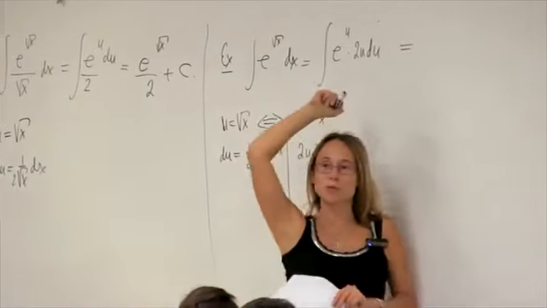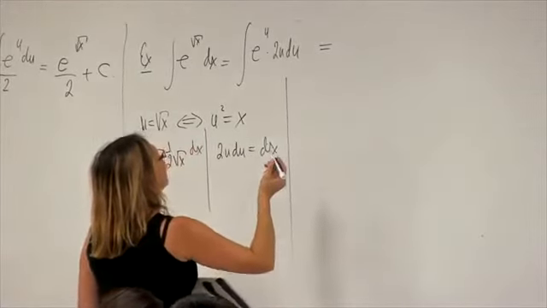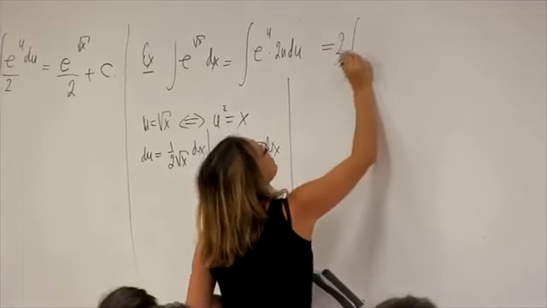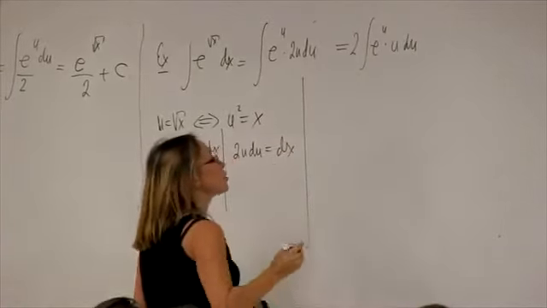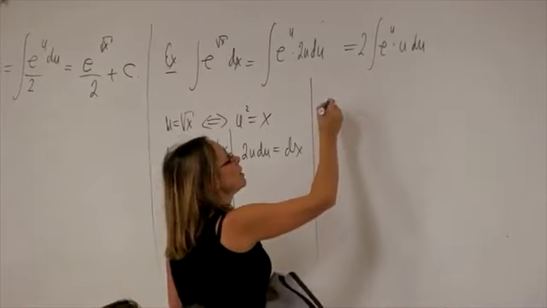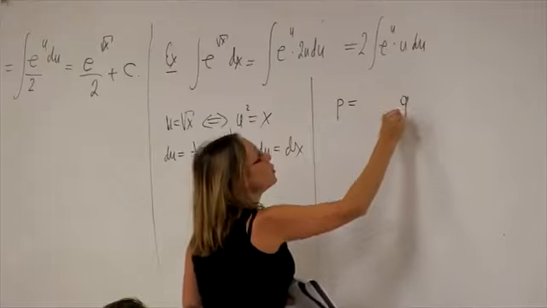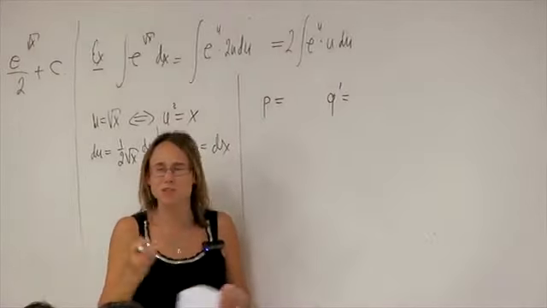So would you like me to demonstrate how to do this? Yes. Okay, so let us write it like this, 2 e to the u du. So I'm going to have two variables, p and q prime. Why am I not using u and v? Because I already have u.